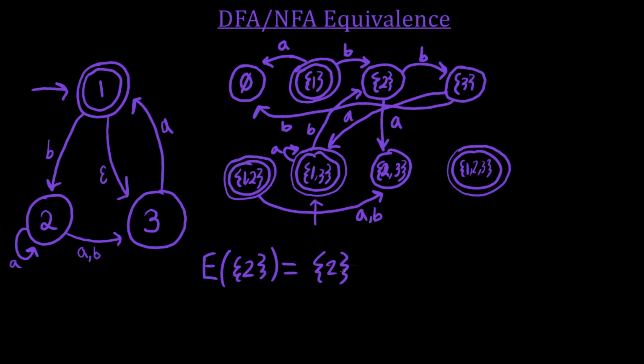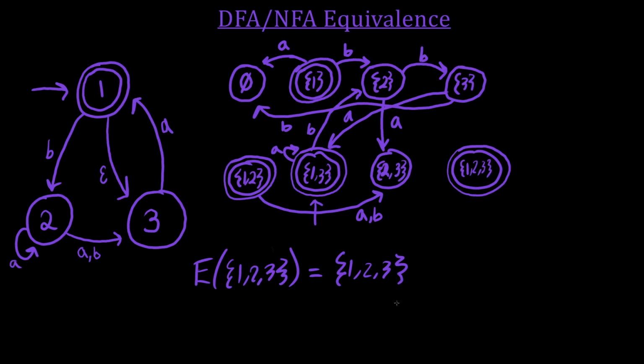Awesome. Now let's move on to the state 2, 3. From 2 and 3 on character A, we can reach 2, 3, and 1. So we're going to take the epsilon closure of the set containing all 3 states. Since all 3 states are in this set, the epsilon closure needs to contain all 3 states. And that's it. So the epsilon closure is just the set of all of the states.